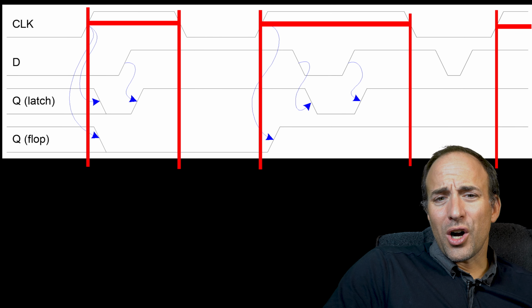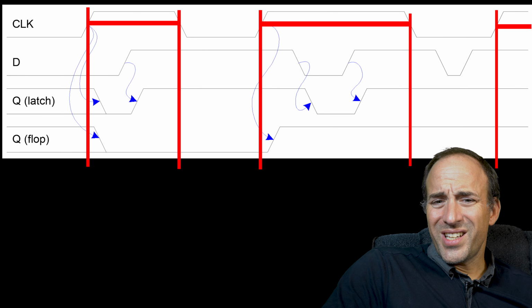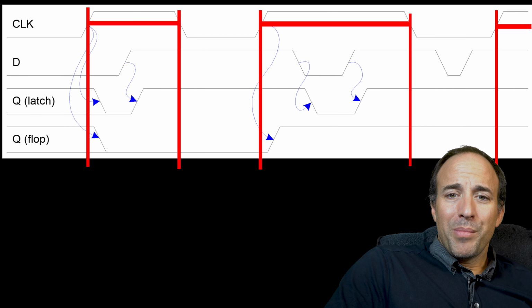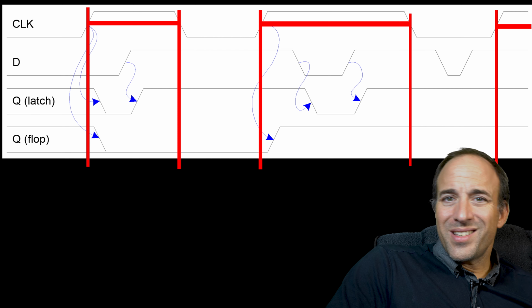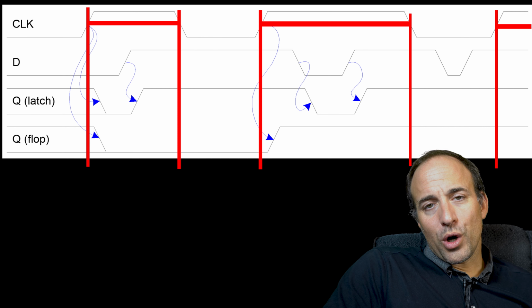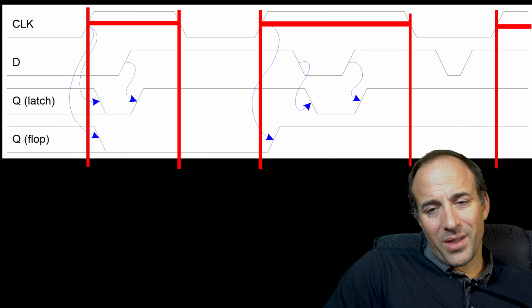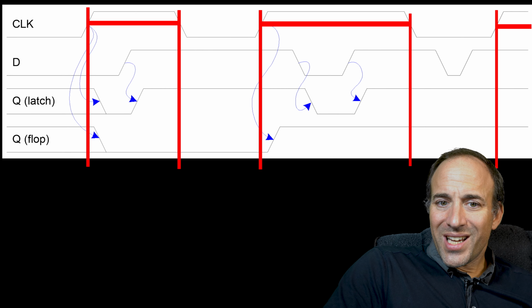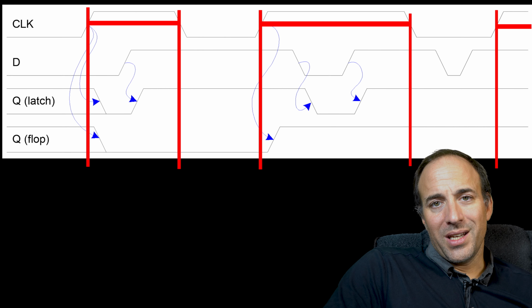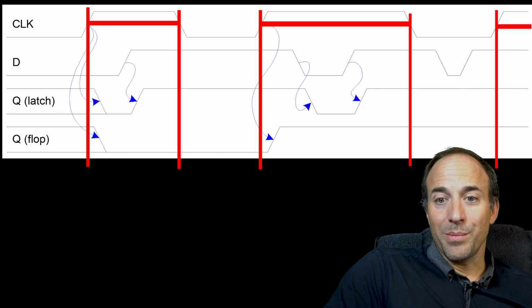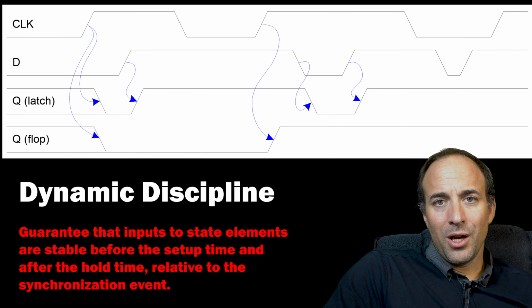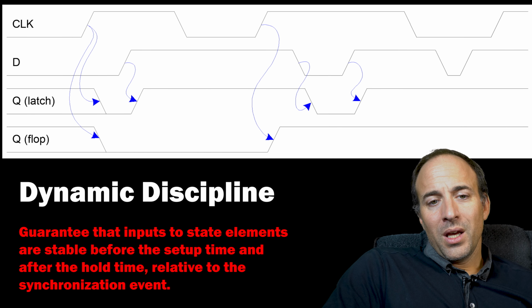Latches aren't used intentionally generally because latches make it unnecessarily difficult for the design tools to analyze the timing of a circuit and enforce the dynamic discipline, which I'm going to cover in a future lecture.